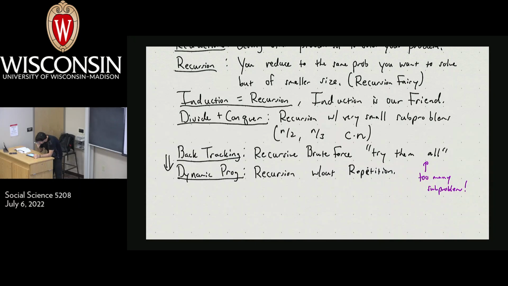Whereas the key thing for dynamic programming is there are not a lot of subproblems. They're just repeated a lot. So there are few unique subproblems. They just would be called several times by the recursion.